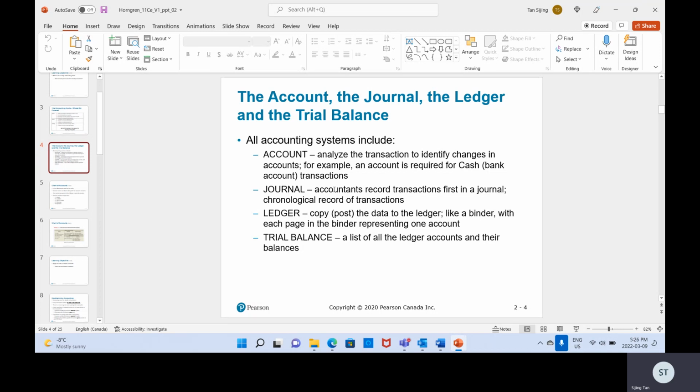Ledger works as a binder. Each page in this binder represents one account. When you organize all the accounts together, it becomes a ledger. The journal is introduced later in learning objective 3.